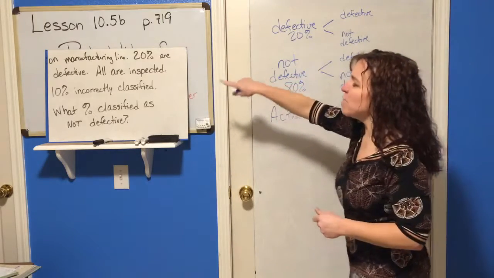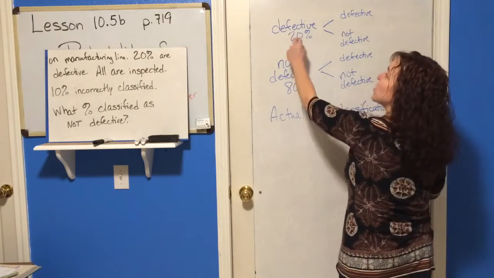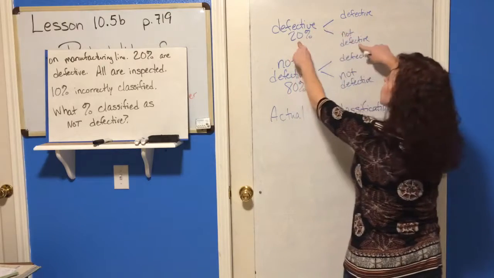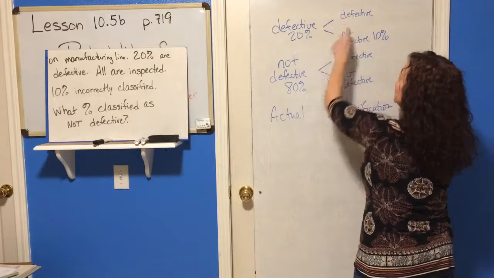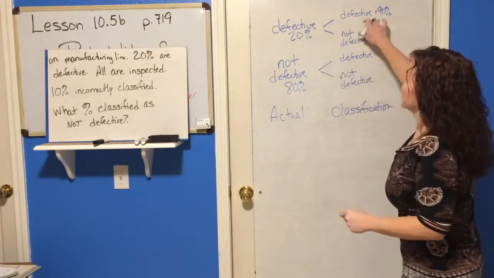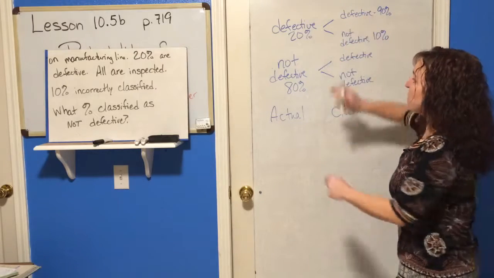Okay, so now, we said 10% are incorrectly classified. So that means if these are actually defective, 10% are going to be classified as not defective, which means 90% are actually defective, and they're classified as defective.